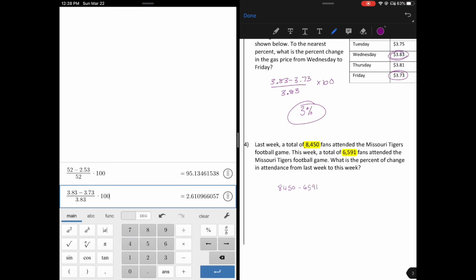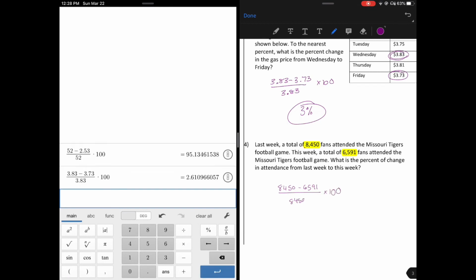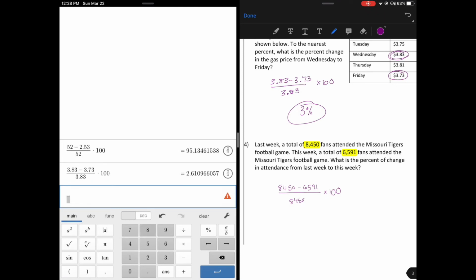I'm subtracting this week, dividing by the original, and multiplying by 100. So I'll go over to Desmos and I'll put it in exactly like that. So 8450 minus 6591 divided by 8450 times 100 gives me a 22% change.